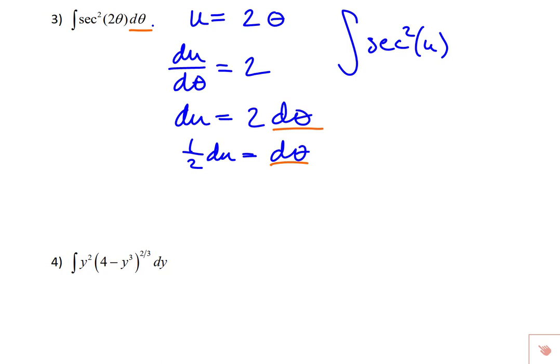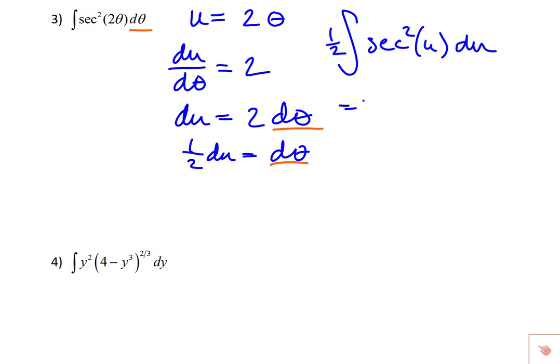And then the d theta gets replaced by 1/2 du. I'm going to put the 1/2 out in front and the du at the end, so that our new integral is 1/2 times the integral of secant squared of u du.